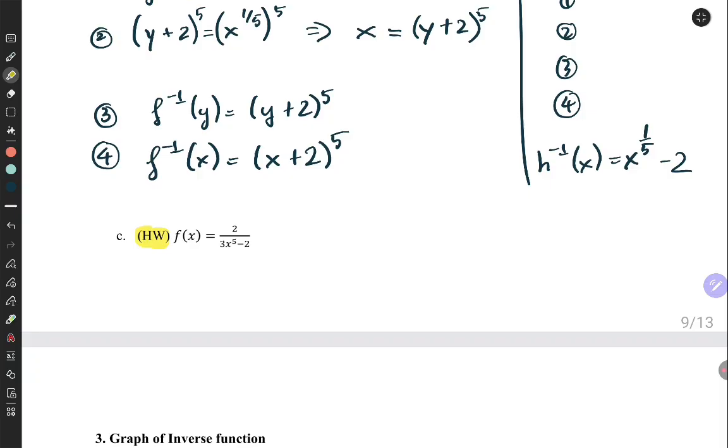X is on the bottom. Okay. Just solve for x. Solve for x.